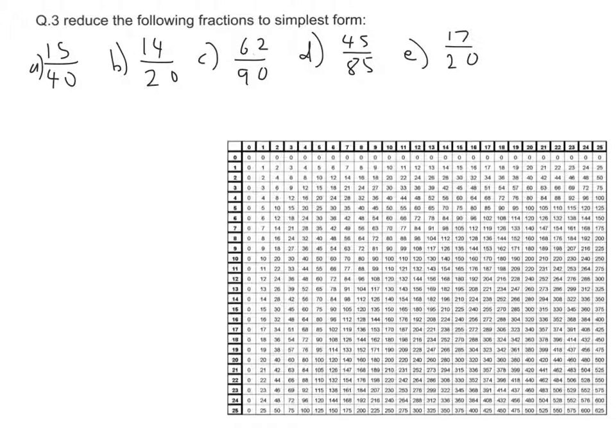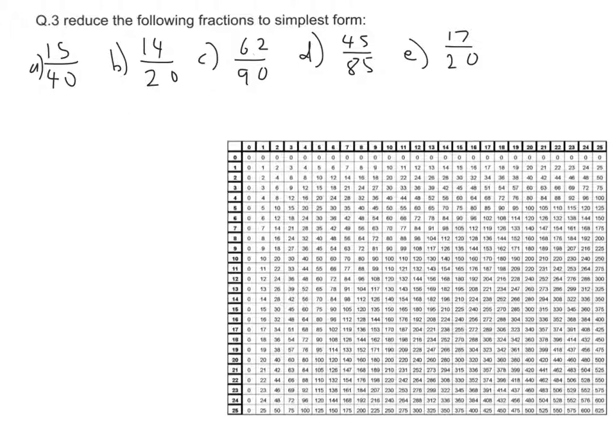Okay, so this question is all about simplifying down as far as we can go. We know that to do that we have to find the highest common factor. To find the highest common factor, we look at your multiplication table and we try and find the numerator and the denominator in the same row or the same column.